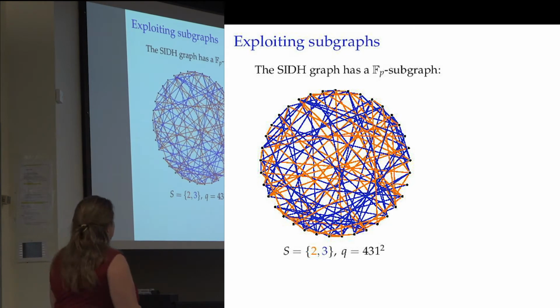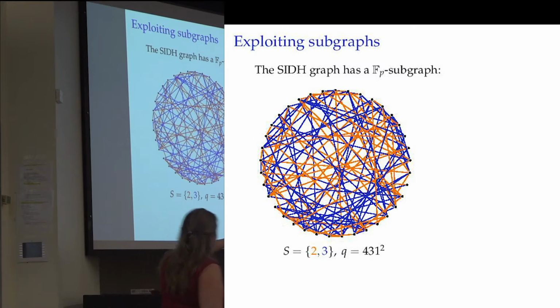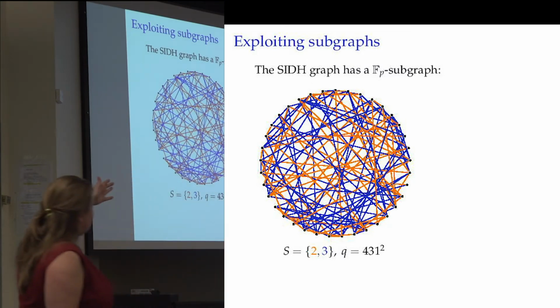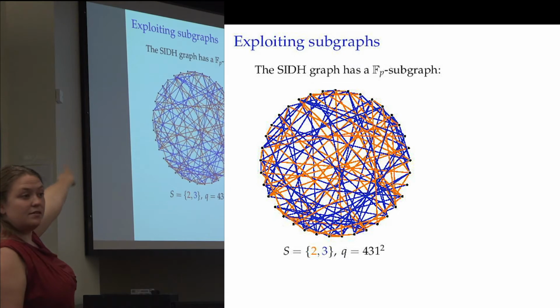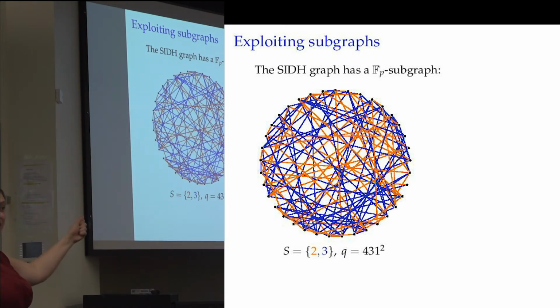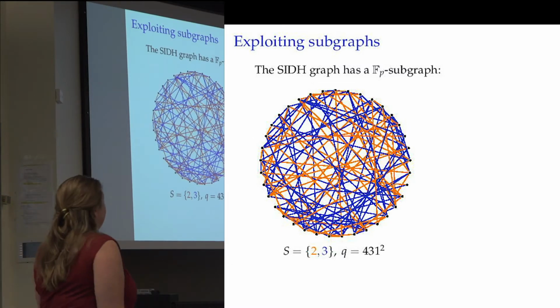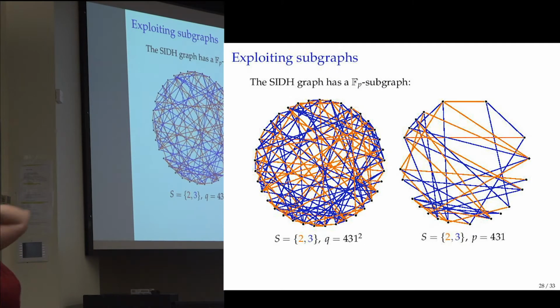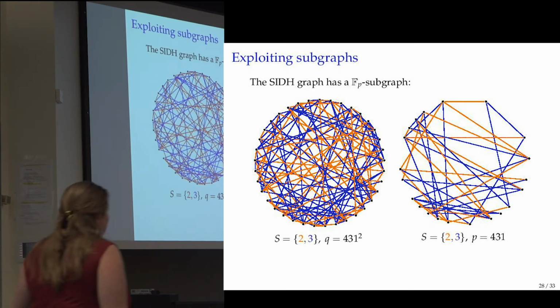And where did that difference come from? Well, here we've got p squared, and the cycle thing was over p. So if you just take only the nodes which correspond to equations with coefficients in Fp rather than Fp squared, then we get a simpler graph. It will look beautiful in a minute, I promise.